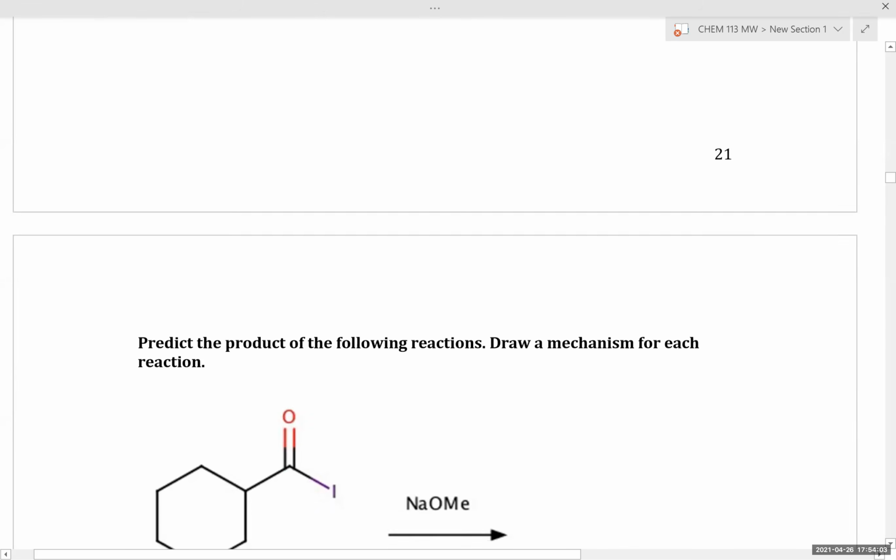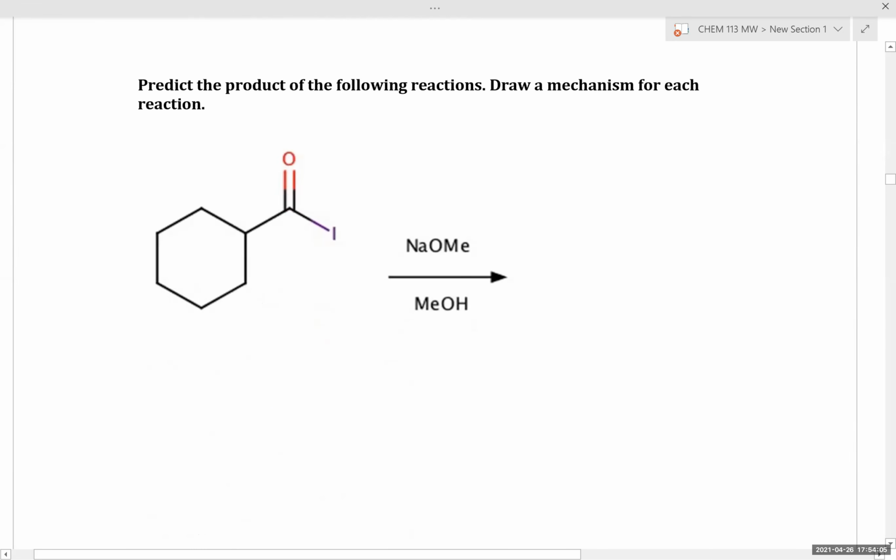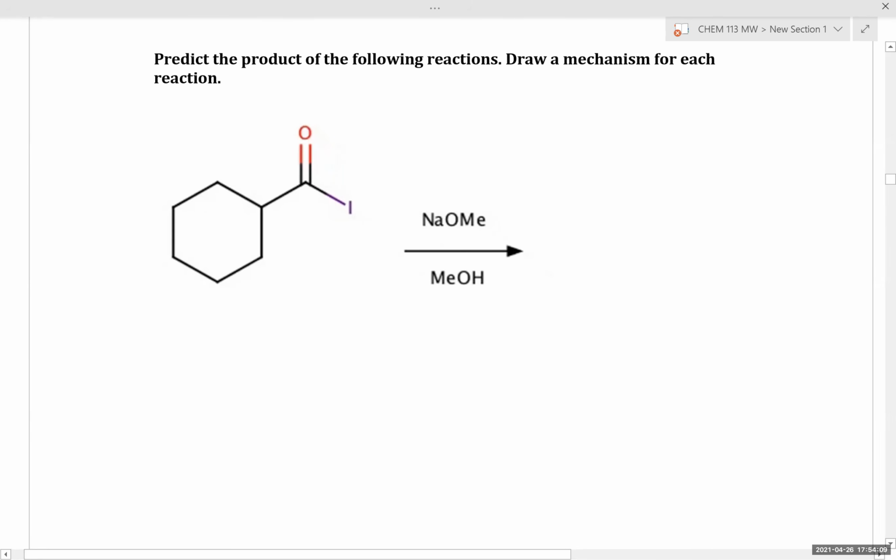Okay, so let's keep going now. And let's try one more example. This time we're also under basic conditions. In this case, we're treating an acyl iodide with sodium methoxide in methanol. Let's take and apply what we've learned in the previous examples, and then let's try to draw out a mechanism for this reaction.